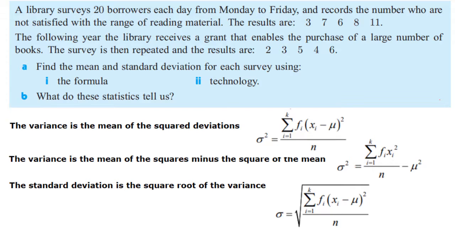I'm going to show you how to work out the standard deviation of the first list using the first formula, and the second list using the same. If you want to check that it works with the other formula, I would advise that, just to give yourself confidence. The standard deviation is the square root of the variance.